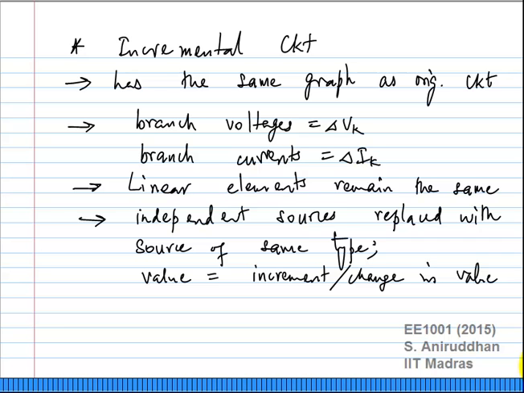What do you do with nonlinear elements? Nonlinear elements are replaced with linear resistors whose value is R equals 1 over f prime of v, where I equals f of v is the elemental relationship.